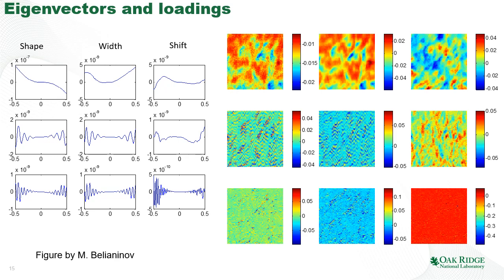Now, the interesting things happen in the second and third components. Again, they don't have a rigid physical meaning, but once we look at them, we can conclude that the second component sort of defines the band gap in the material.